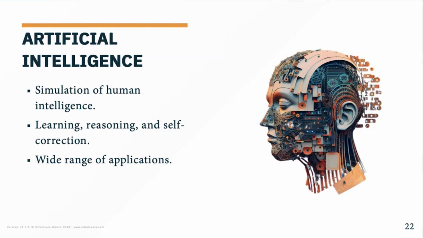Now, these intelligence processes typically include things like learning, reasoning, and of course, self-correction. We know again that AI is a broad field which includes a wide range of different applications from, let's say, chatbots and virtual assistants to even self-driving cars or medical diagnosis systems.